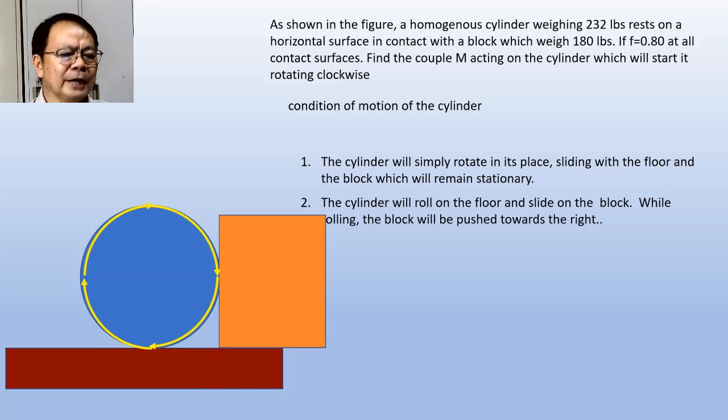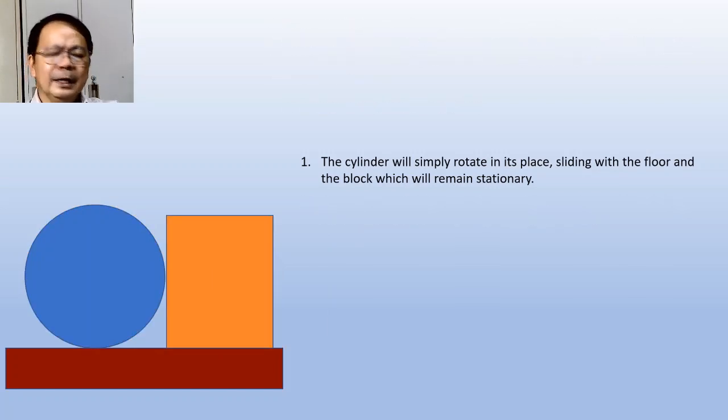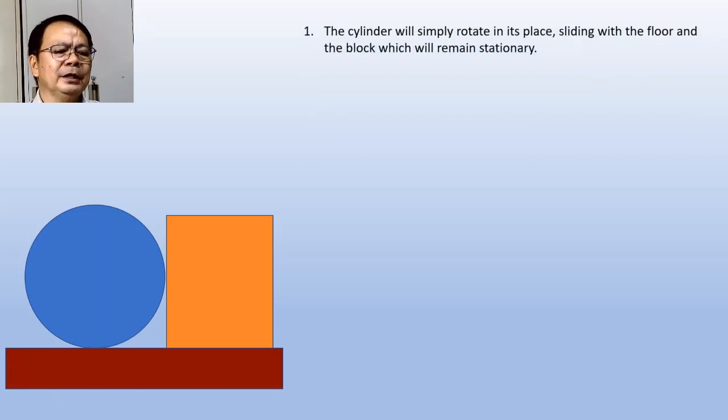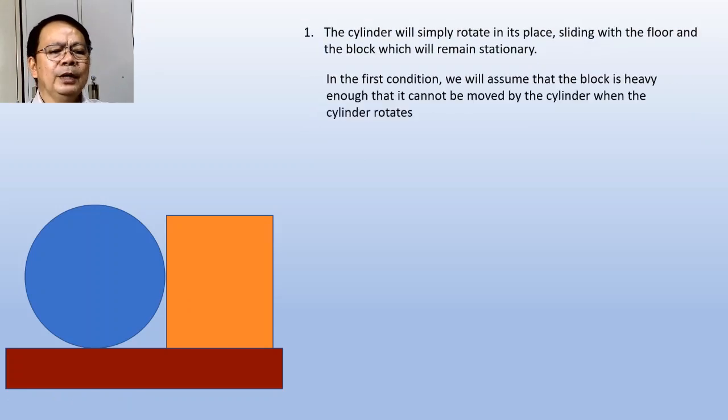So, kaya subukan natin na i-analyze yung cylinder natin as if it is simply rotating in its place and it will just slide against the floor and against this block. So, ang magiging assumption natin dito is that we will assume that the block is heavy enough that it cannot be moved by the cylinder when the cylinder rotates.